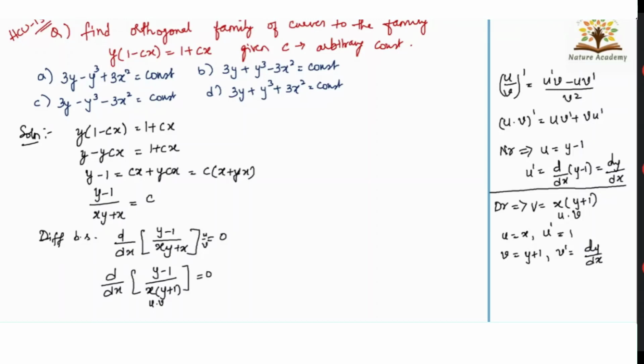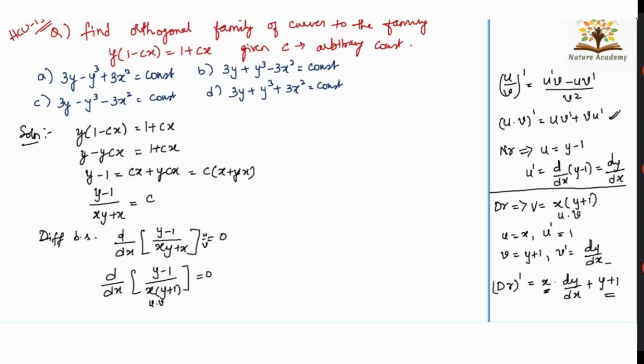Correct? Now if I find the denominator differentiation, capital V dash, this will be equal to u into v dash plus v into u dash. So that will become x into dy by dx plus (y plus 1) as it is, times u dash, which is 1.